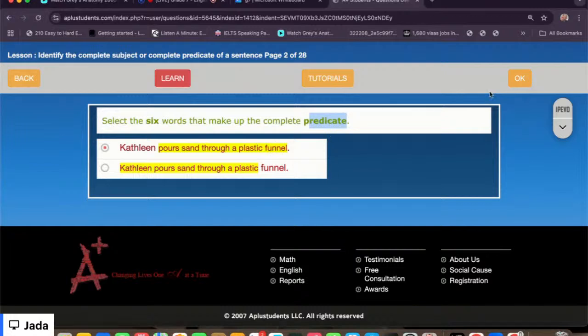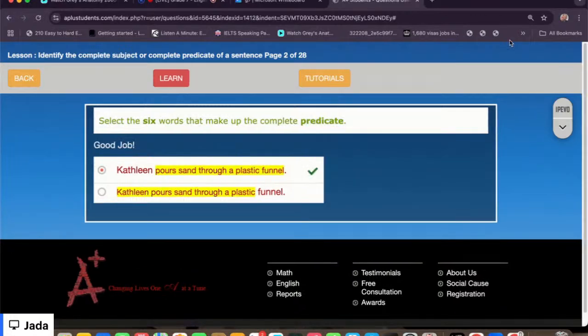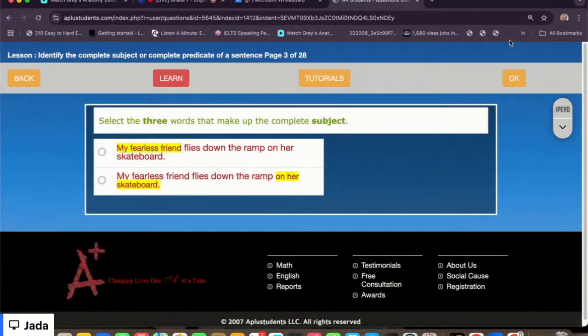So it will be the first one because it's the six words. My fearless friend flies down the ramp on her skateboard.